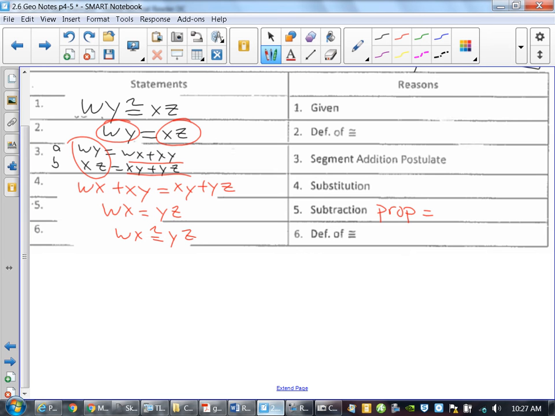Okay. I have two of these for you guys to finish tonight. On this same page, do the one in the middle. So this is page 3, do the middle one. And then on page 4, do the top one.